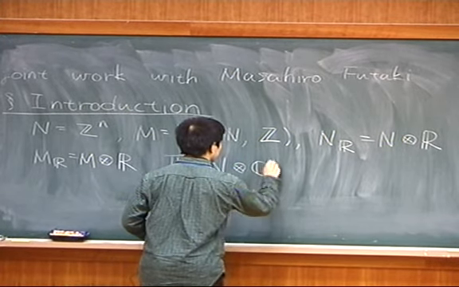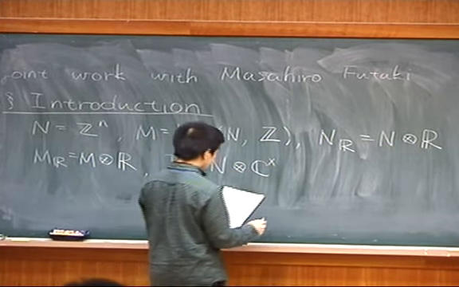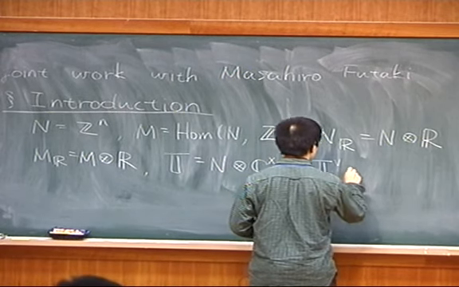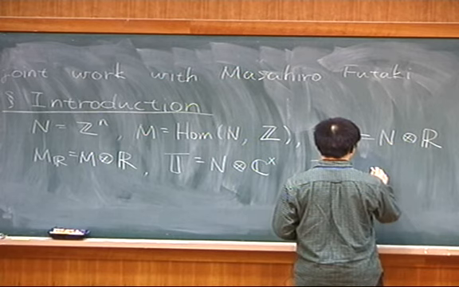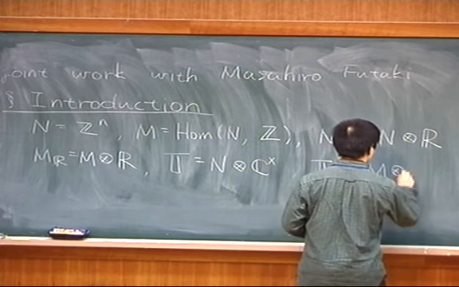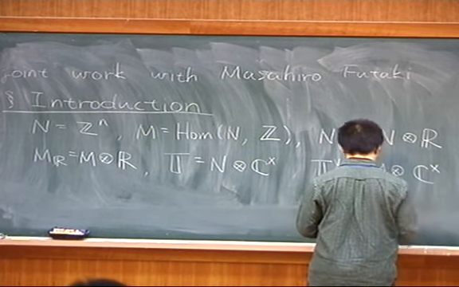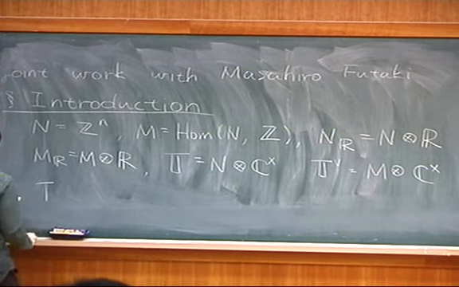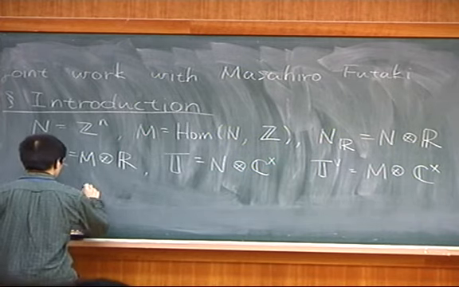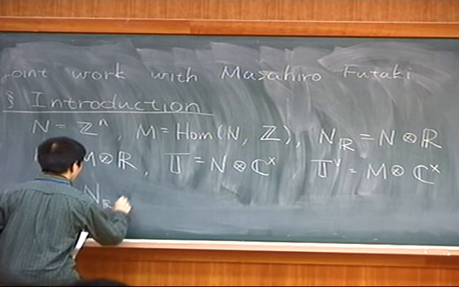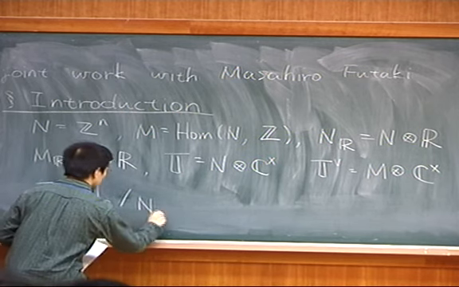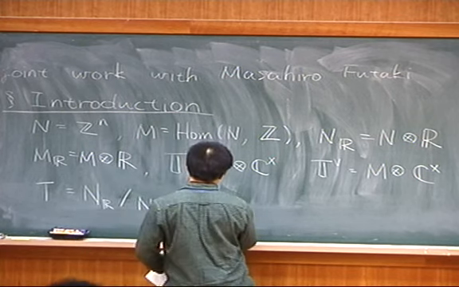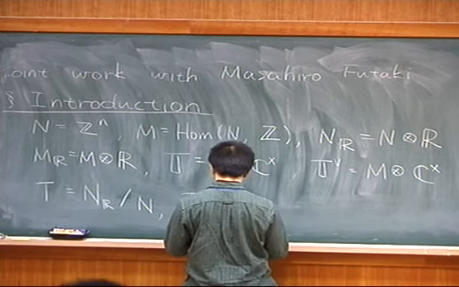This is a torus which acts on the toric variety, and this is a dual torus. And we also use real tori, T and T check.